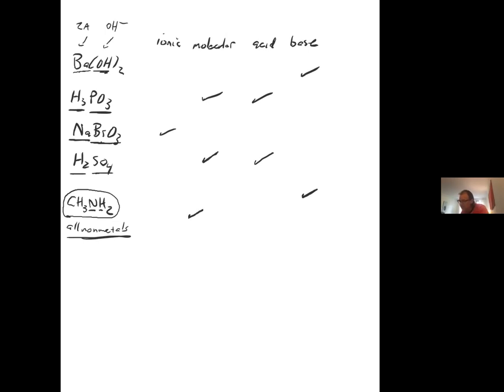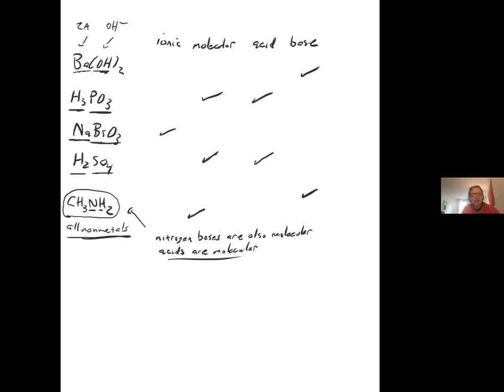So if you do have a nitrogen base, I'll just make a little note here. Nitrogen bases are also molecular, just as acids are molecular. Okay, and there you go. So that's kind of cool. That's sort of a fun problem.